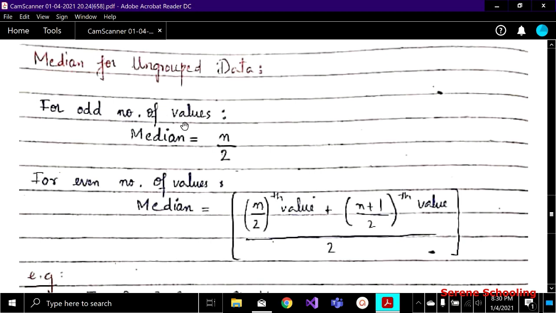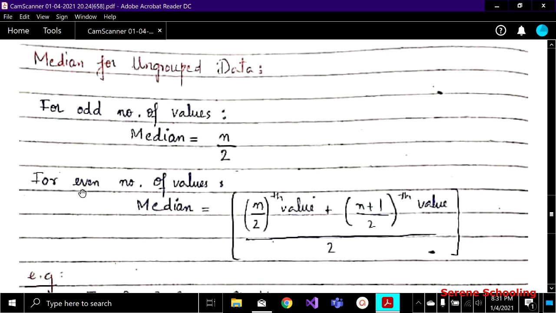If there is an odd number of values, like 17 values in your data, then this formula is applicable: the n plus 1 by 2th term. It doesn't mean that whatever n plus 1 by 2 you get is your median. No, the term at this position will be your median.